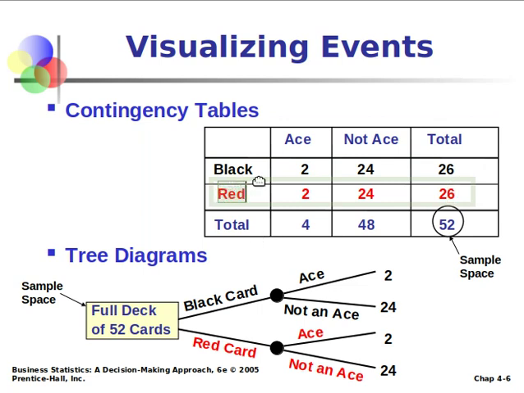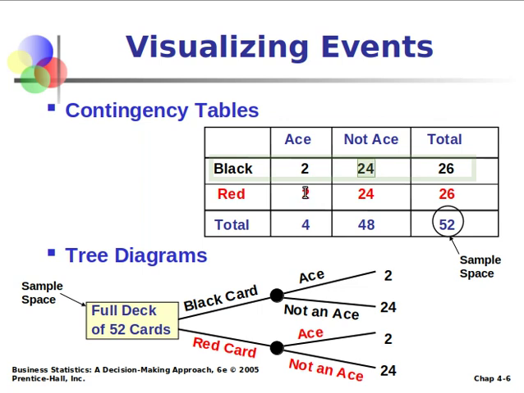And if we talk about aces, mga alas, there are only 2 black aces, and out of that 26 black cards, there are 2 black aces and 24 cards that are not aces.